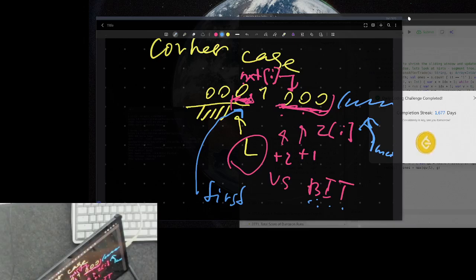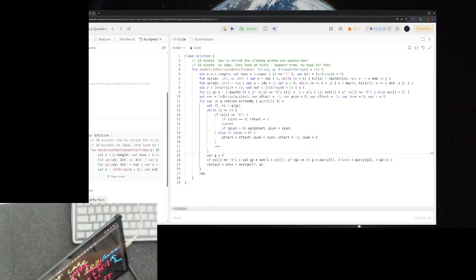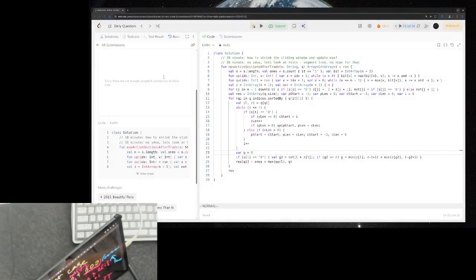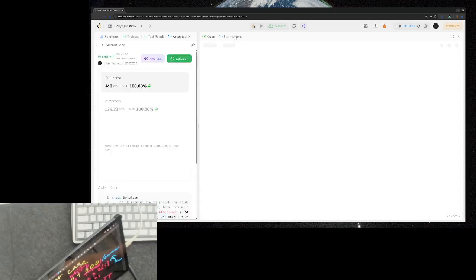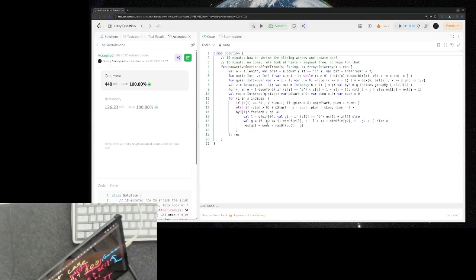Let's look at the solution. This is the solution. Let me show the minified version. So this is the minified one. Here U is the update, and Q is the binary indexed tree query. We start with I plus 1 and we do x minus equal lowest bit to go and update.